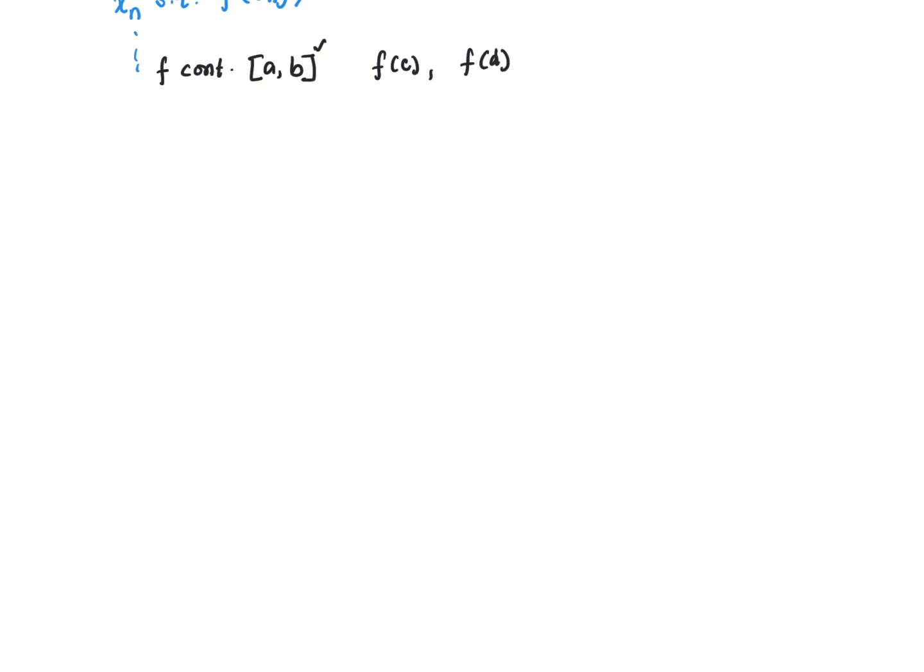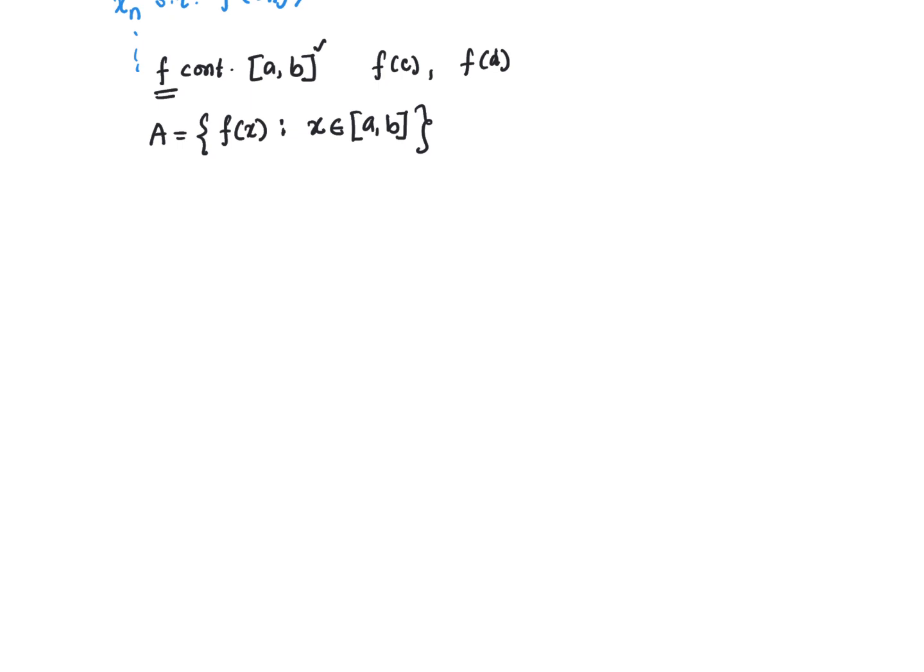Now let's define a set. Let's call this set A, such that set A contains all the f of x, or the y values, such that x is an element of [a, b]. Here, note that A is not an empty set.